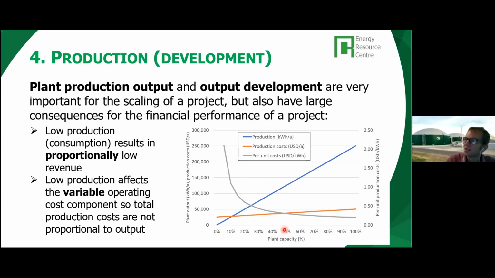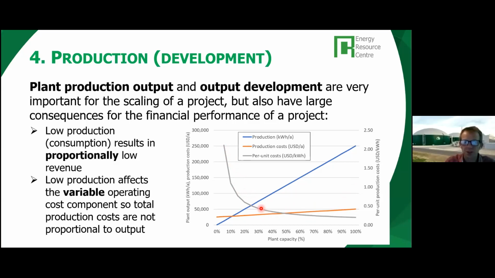But if you then divide the production cost by the production, you see that the per unit production cost, which is the gray line, goes down: the higher the output, the lower the per unit production costs.